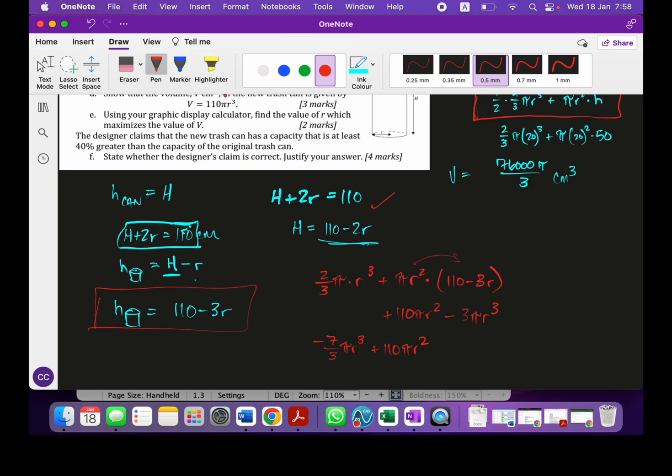I think there's something wrong here, because that doesn't make sense to me at all. That doesn't take into account the radii and the cylinder. I think there's something wrong with this answer, and that's where the problem is.